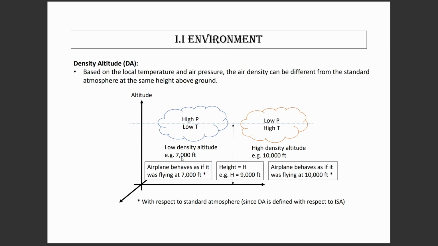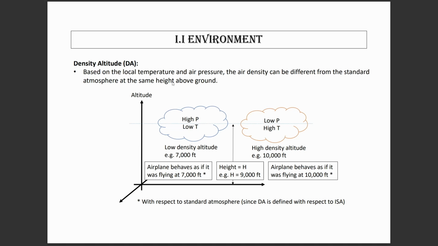And now, in order to understand how our aircraft behaves inside that environment, we need to look at the so-called density altitude definition. The density altitude definition gives you an idea how your aircraft performs. So how does it work?